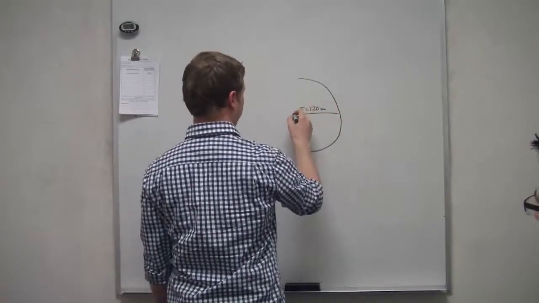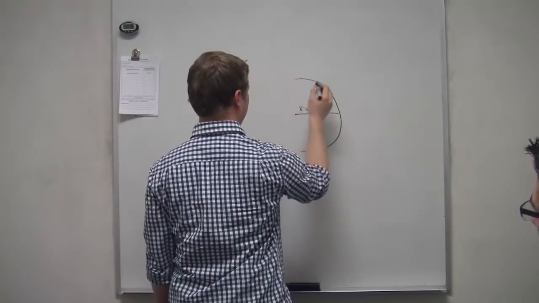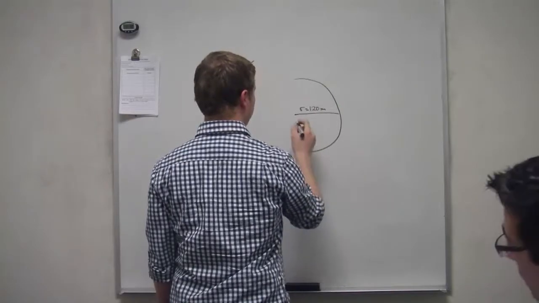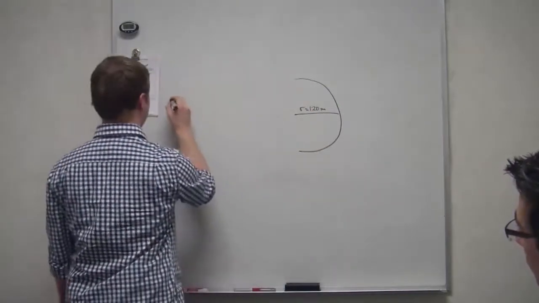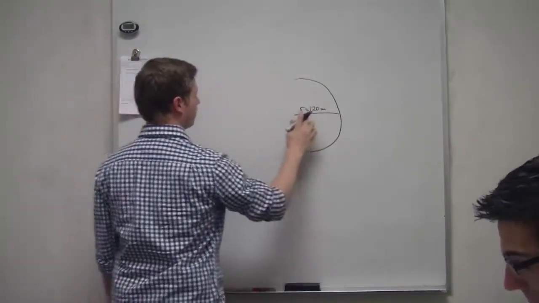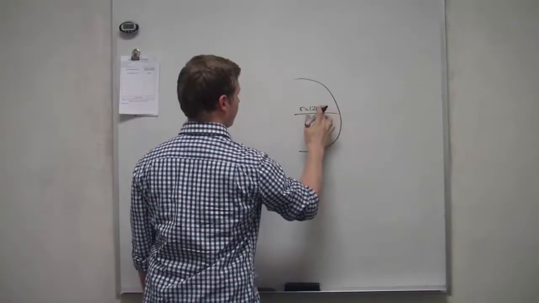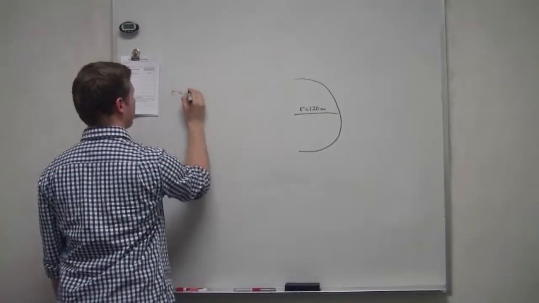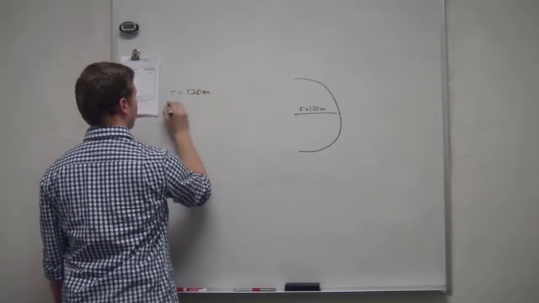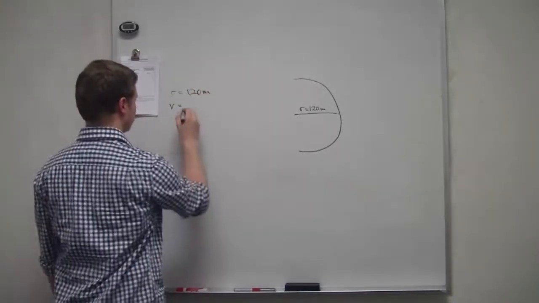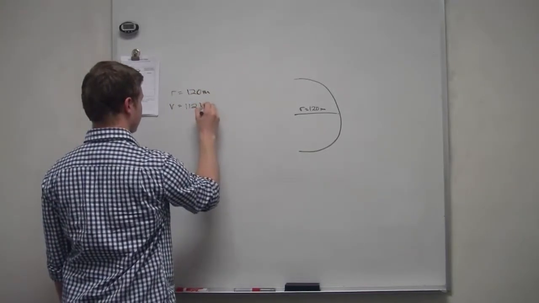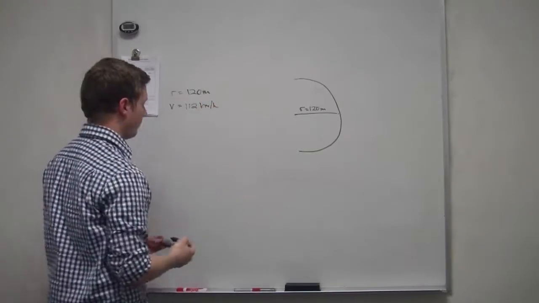And it gives us a speed. So that's our radius, 120 meters, and our speed is 112 kilometers per hour. Okay.